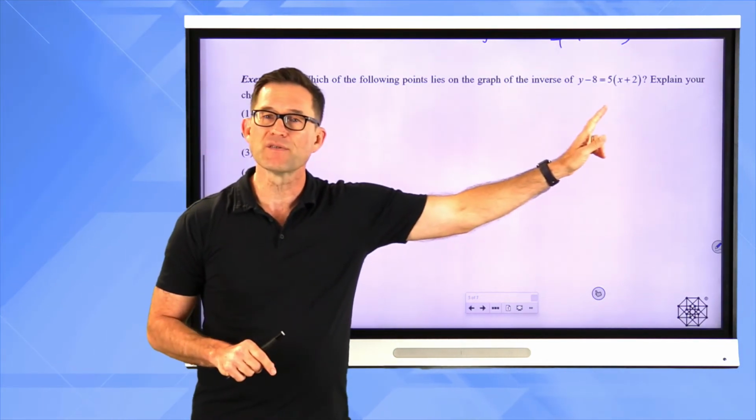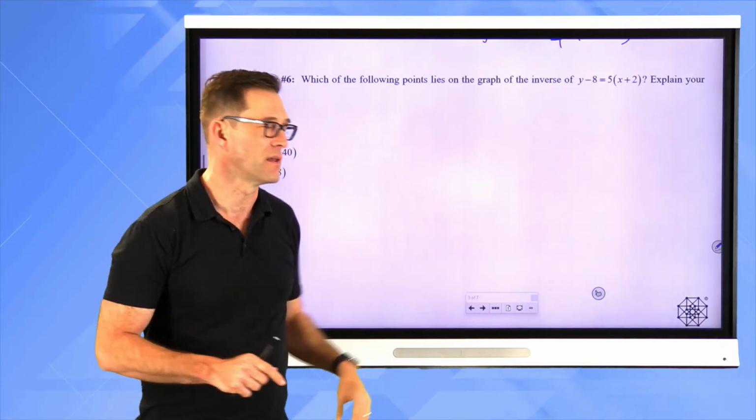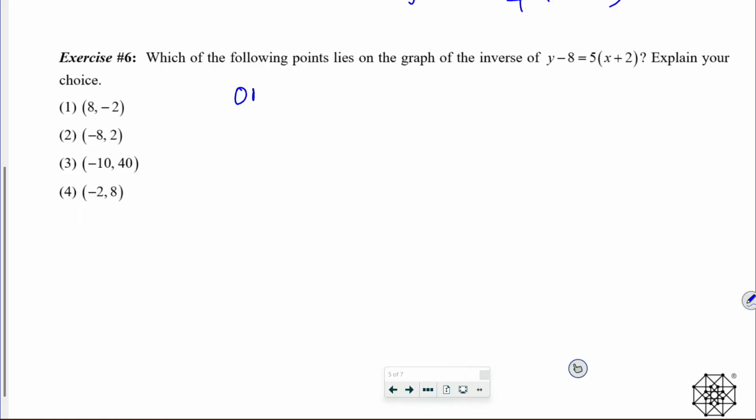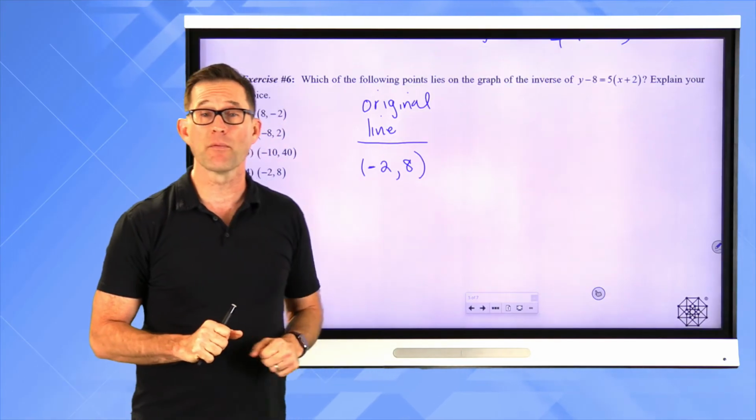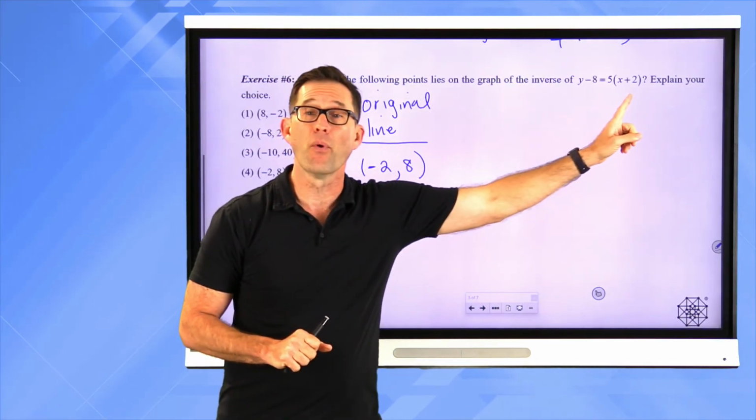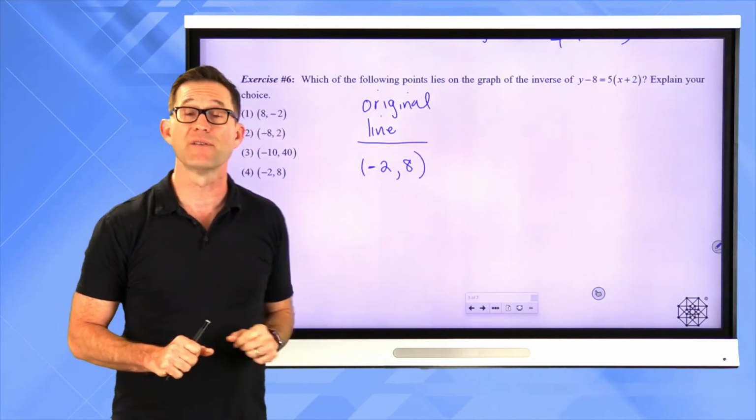When I look at this function, what I can say immediately is on the original line, we know that the point -2, 8 must lie on that line, right? Just based on what we know about the point slope form of a line, it must go through the point -2, 8.